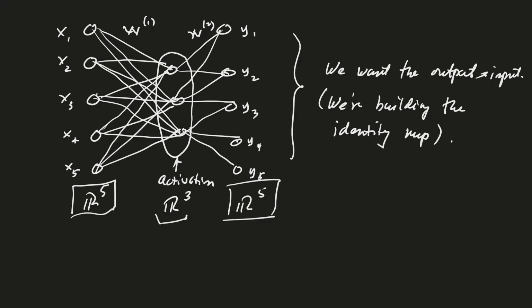You might be asking why we would do this. Well, the idea is that once you're finished training this network, then you can break the autoassociator apart.